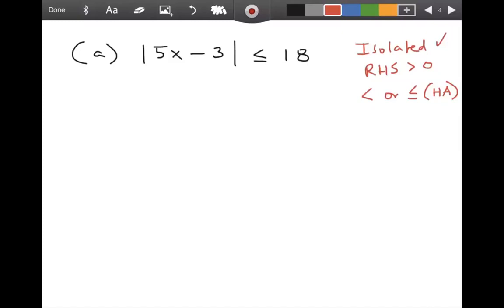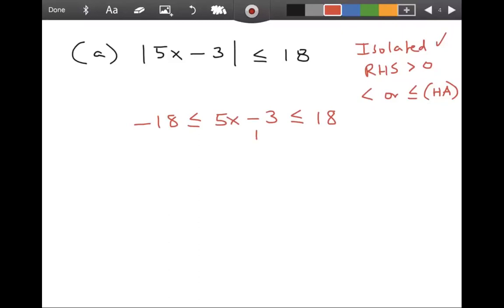All right, so we're going to rewrite this one as negative 18 is less than or equal 5x minus 3 is less than or equal 18. And we talked about how to solve this kind of inequality, not only in section 9.1, but also back in chapter 2. We looked at a couple of these.